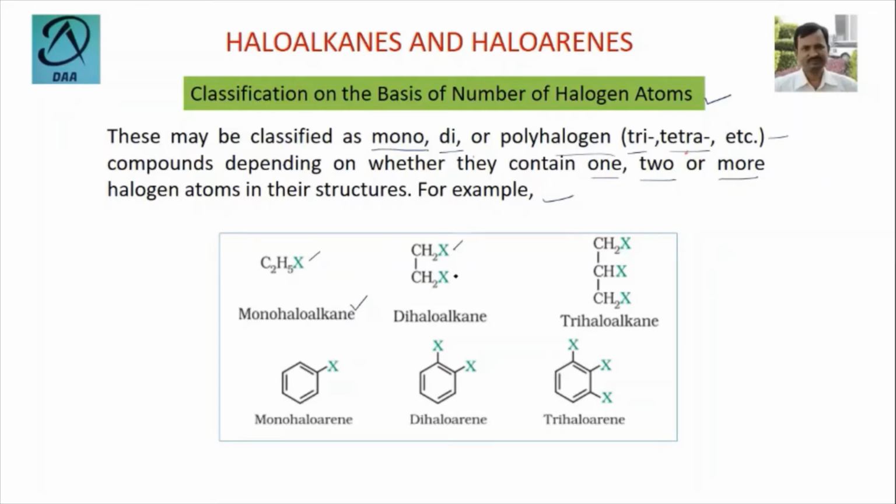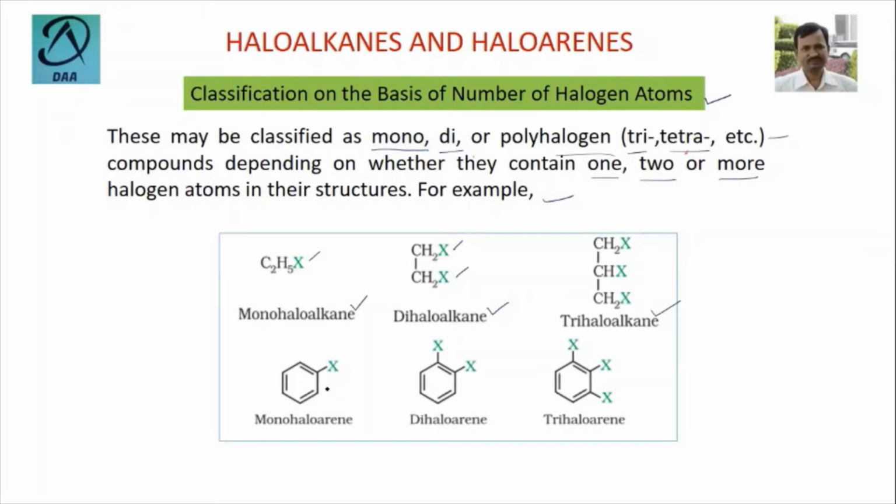If two halogens are added, then it is called a dihaloalkane. If three halogen atoms are attached, then it is a trihaloalkane. So now we understood the classification of haloalkanes on the basis of the number of halogen atoms.